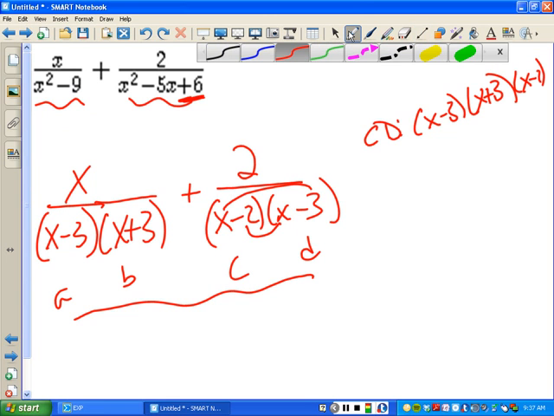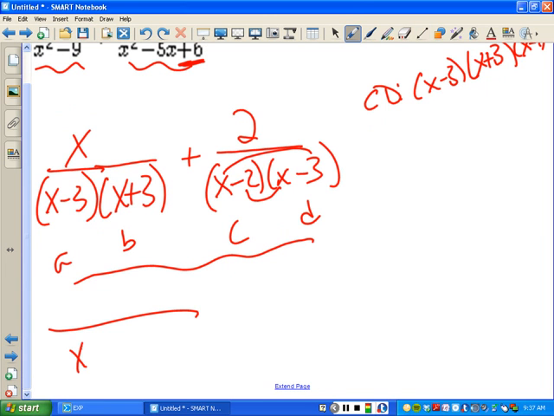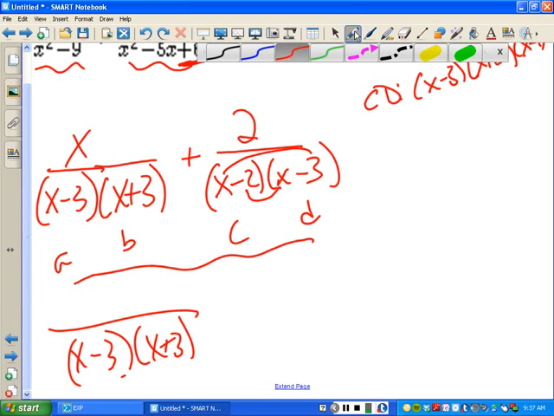Now, when you go to do this problem, what you need to ask yourself is, all right, I've got the x minus 3. I've got the x plus 3. What portion of the common denominator do I not have? I don't have the x minus 2.